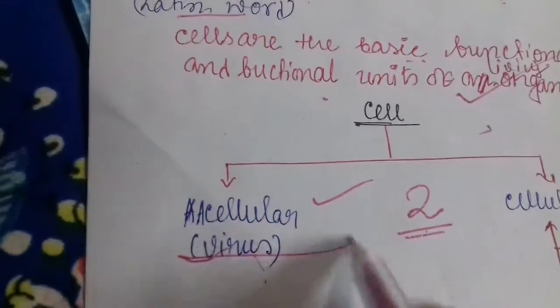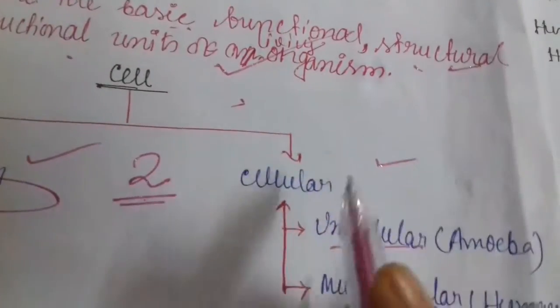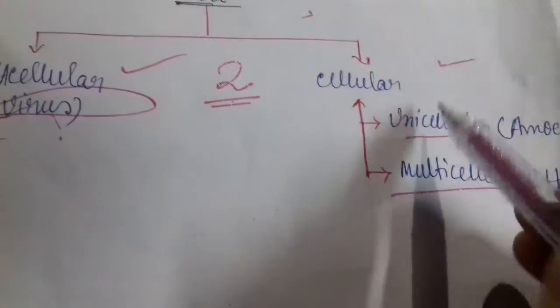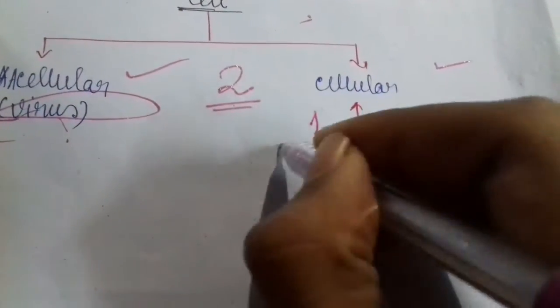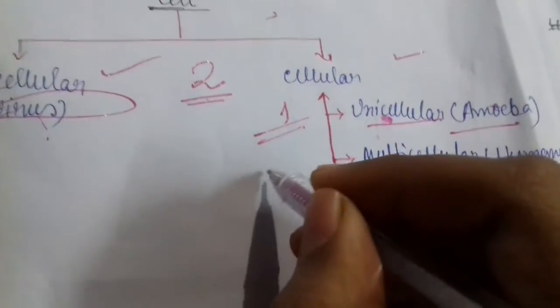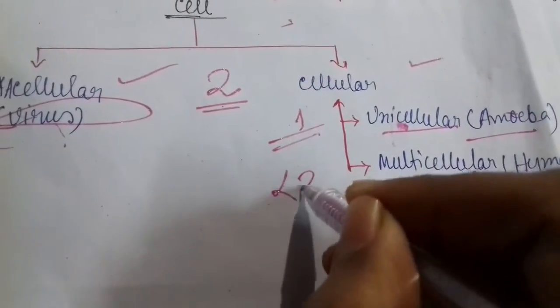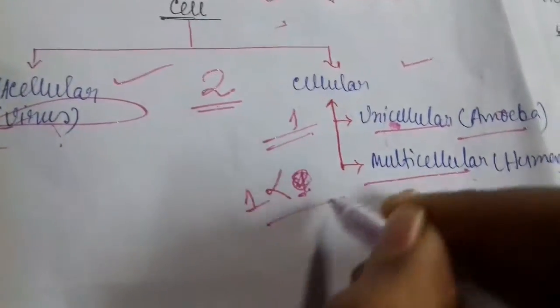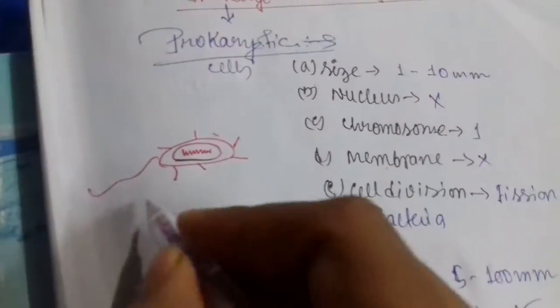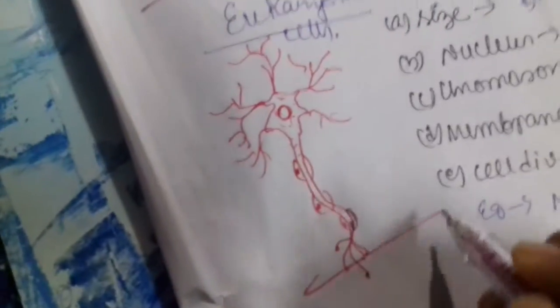An acellular organism example is a virus. In unicellular, the organism has only one cell, like amoeba, and if it has more than one cell, then it is multicellular, like humans, frogs, snakes, etc. And then prokaryotic and eukaryotic cells. Prokaryotic is a bacterium and eukaryotic is a neuron.